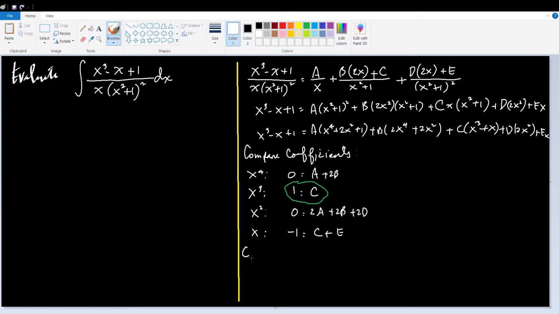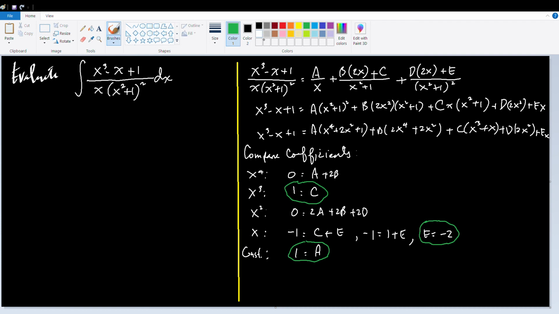Then for the constant, 1 is equal to a. So we also have the value of a now. Okay, so in the coefficient of x, we have negative 1 equals c plus e. Since we already have the value of c, which is 1, that will be negative 1 equal to 1 plus e. That gives us the value of e equal to negative 2. Alright, so how about b?